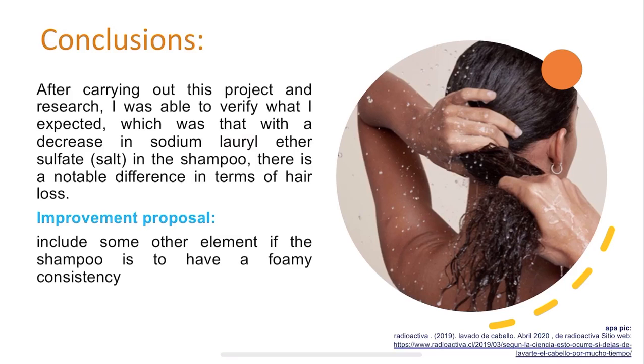So maybe an opportunity for improvement could be to include some other chemical or element in the shampoo that gives it a foamy consistency, because the result that I obtained may seem more like a mask, as it doesn't have a foamy consistency. But I think that I did a great job because I could prove my hypothesis, and also I got the results that I expected.